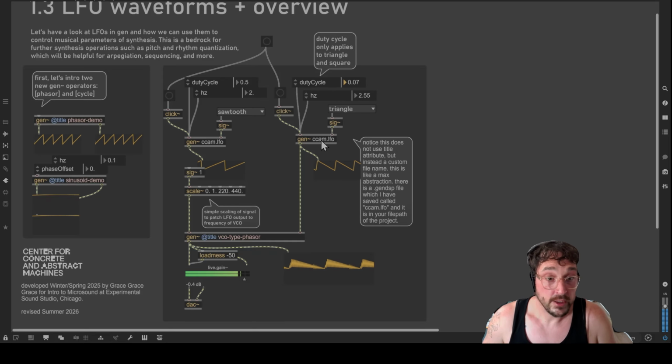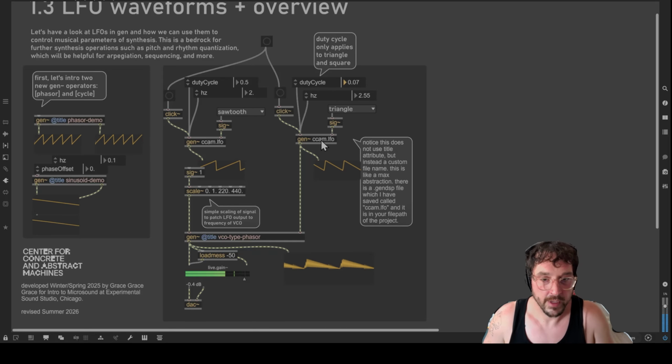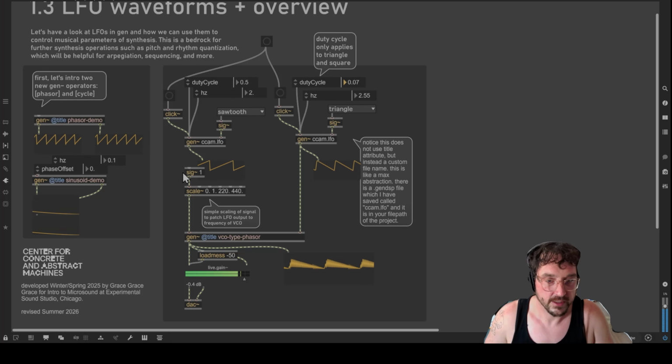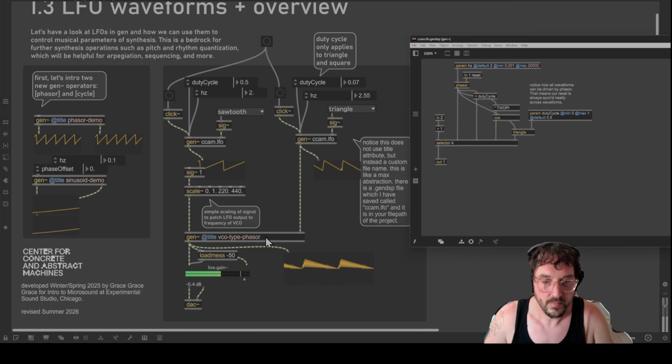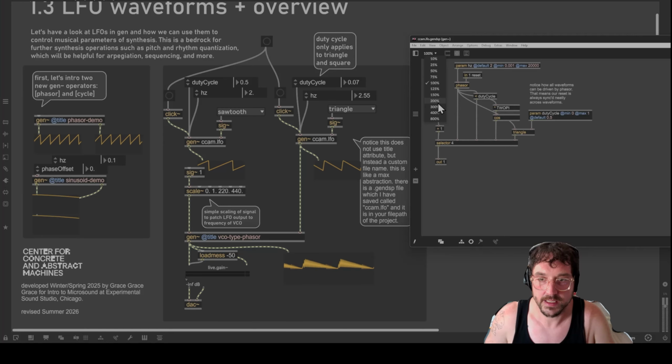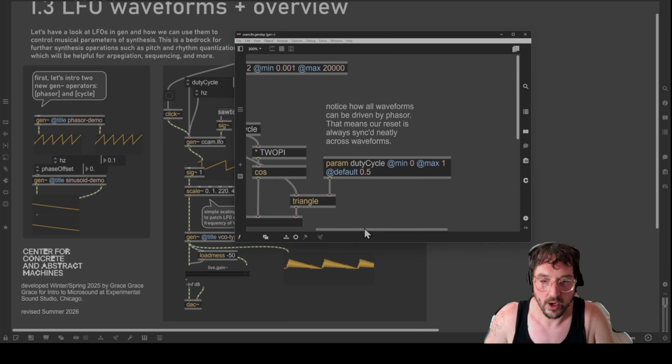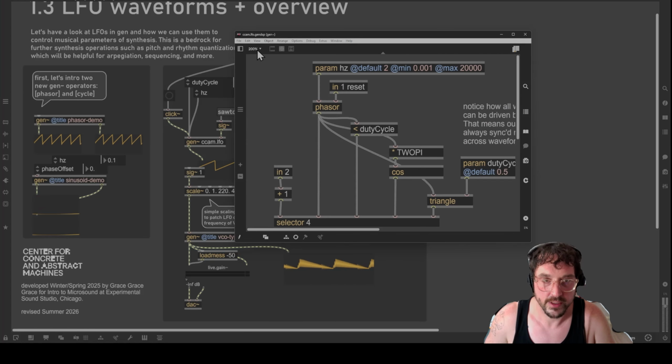Great. So if we look inside of here, I'm going to open this up and then we'll return to frequency over here. I'm going to turn this down for a second just to show behind the scenes what is going on inside of this operator. So notice that this is called ccam.lfo.gendsp.